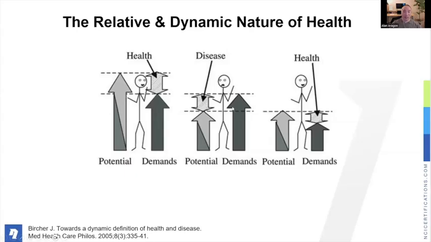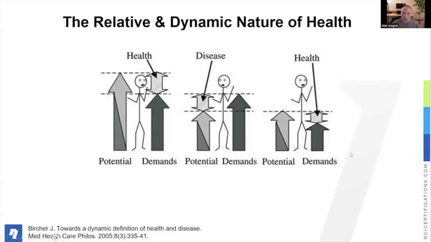Even though he has the same amount of stressors or disease vectors in life as this guy right here, he just has lower biologically given potential and/or acquired potential for health.